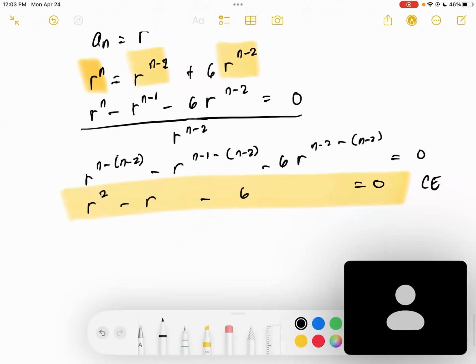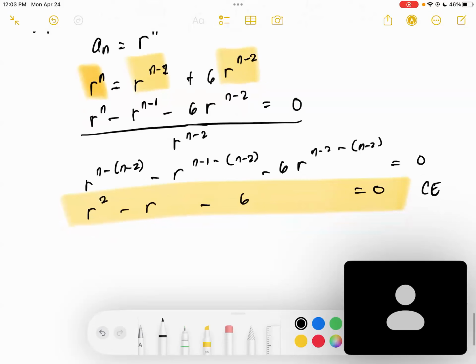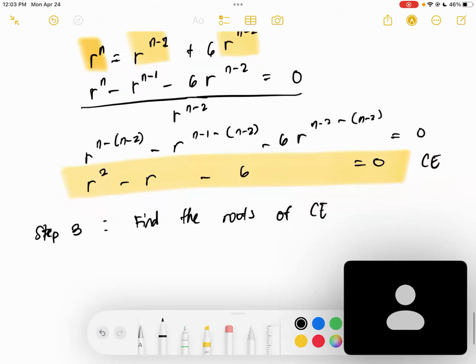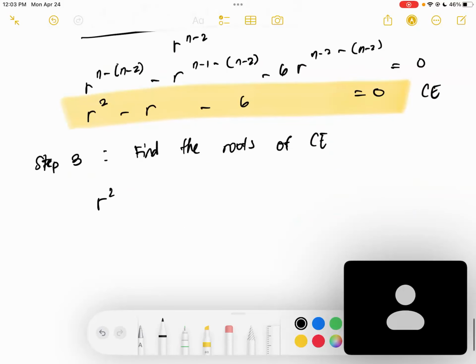Now our next problem is to find the roots of CE. How can we do that? We already have r squared minus r minus 6 equals 0. What we can do is factor this characteristic equation.